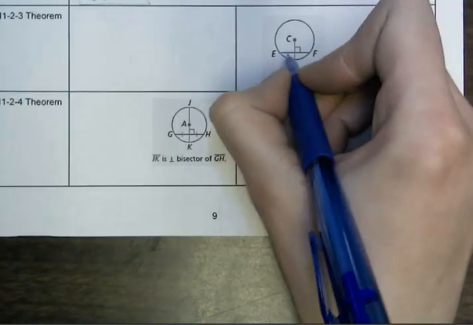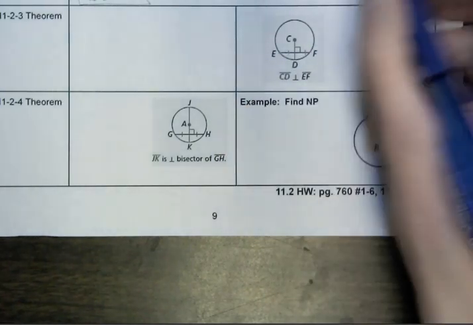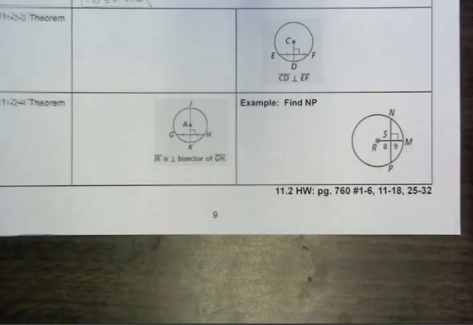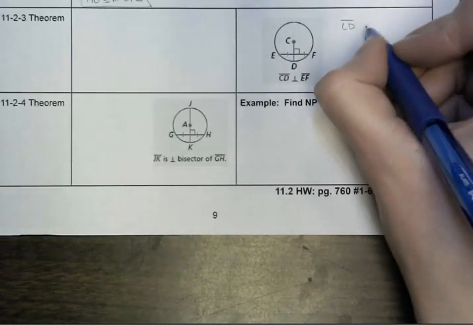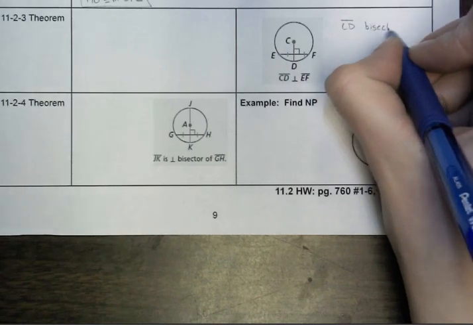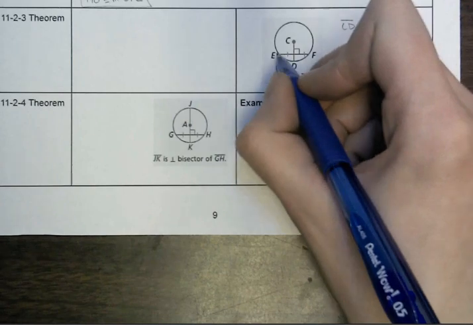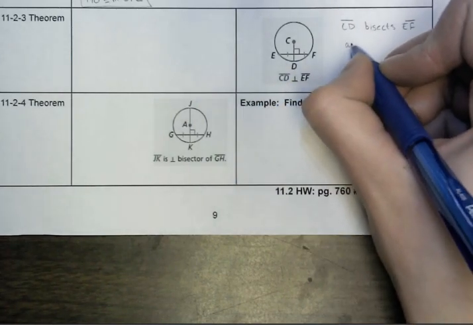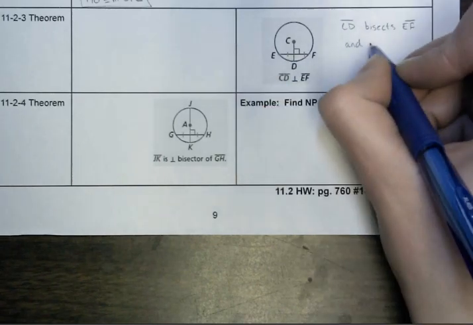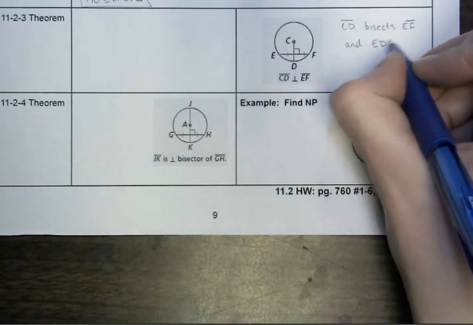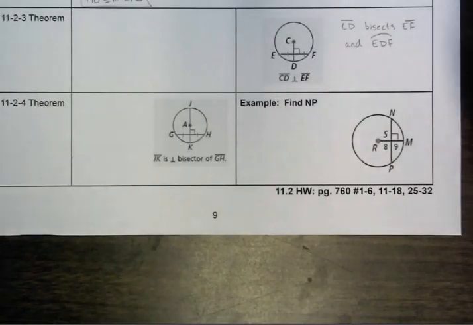So remember, bisect means to cut in two equal halves. So the chord is being bisected. So CD in this picture bisects the segment EF, and also the theorem says it bisects the arc. So that arc EF, and I'm going to say EDF to clarify it's this side of it, and it's an arc. So it's bisecting both of those things.